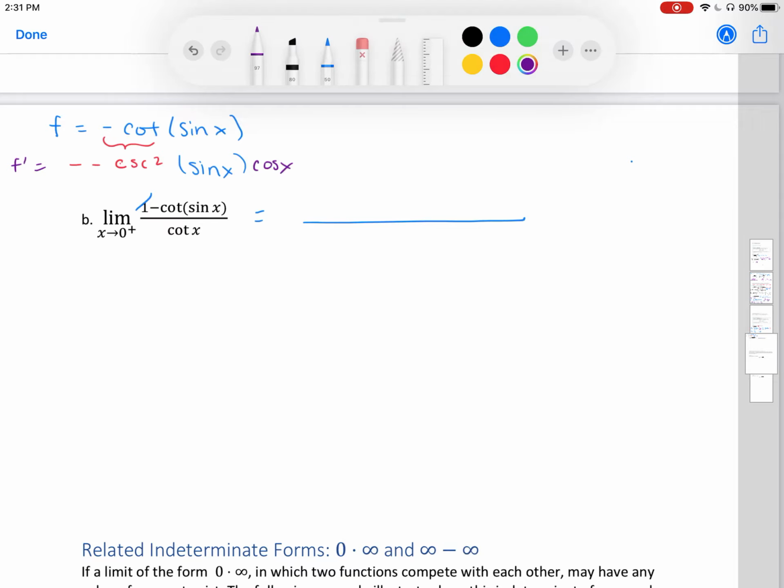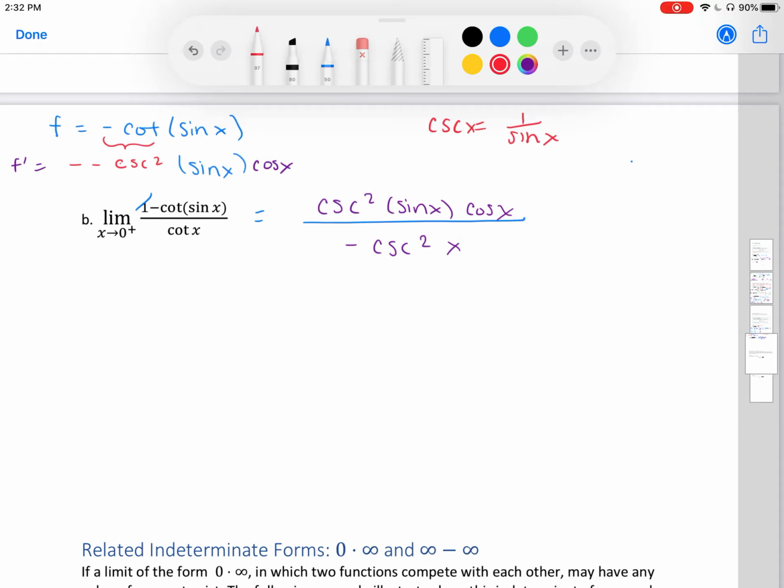All right. So we're left with cosecant squared sine of x times cosine of x. And the derivative of cotangent is negative cosecant squared, so we get negative cosecant squared of x. Now, let's rewrite this. Let's simplify this. It's a bit tricky. We're going to use the fact that cosecant of x is 1 over sine of x.